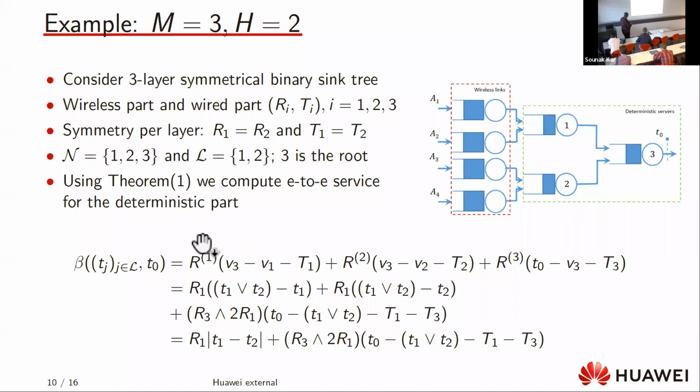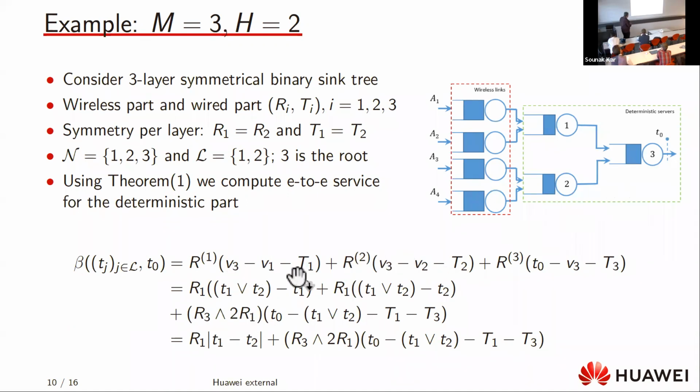and we apply it to obtain the service process for the deterministic part, as you can see. So R sub 1 is equal to R_1 because it's in L, and R_2 the same thing. R_2 is in L, so R sub 2 equals R_2, which is equal to R_1. That's why we have R_1 here. And R sub 3 equals the minimum of R_3 and the sum of the two, which is 2R_1. So it's the minimum of R_3 and 2R_1.